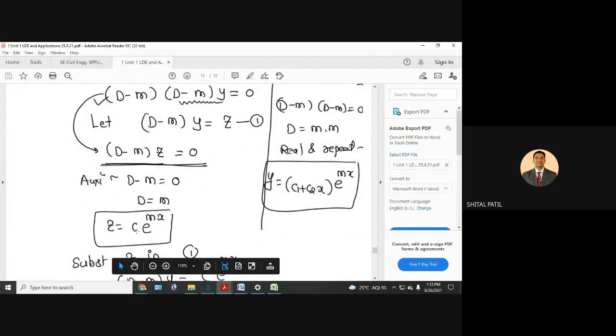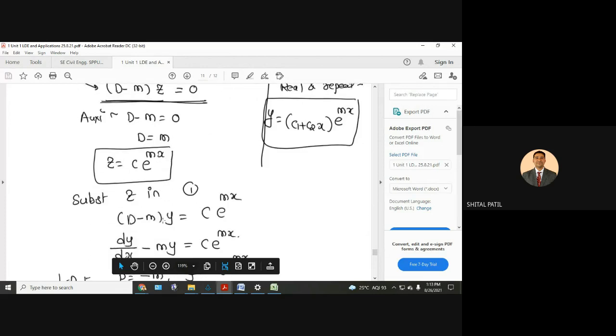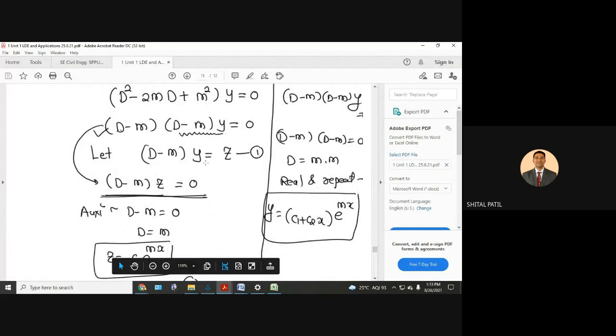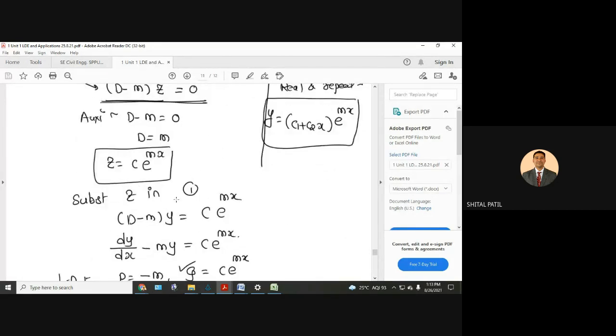So what is the solution? Z equal to, our aim is to find z, so z equal to c e raised to mx. Then that is substituted in equation number 1 here. Value of z is substituted. So d minus my equal to z. Z is equal to c e raised to mx.